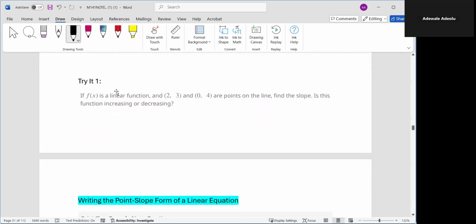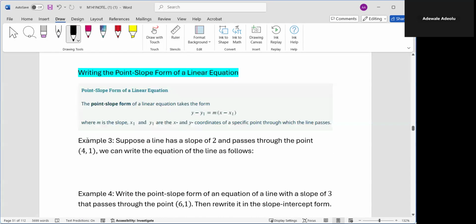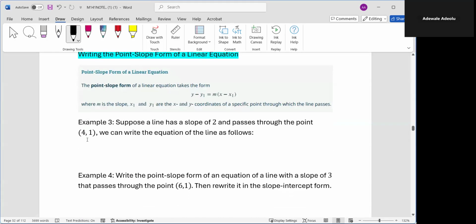You can pause this video and do the same thing that we did there to find the slope of the line that has 2 points, 2, 3 and 0, 4, and determine if it is an increasing or a decreasing function.